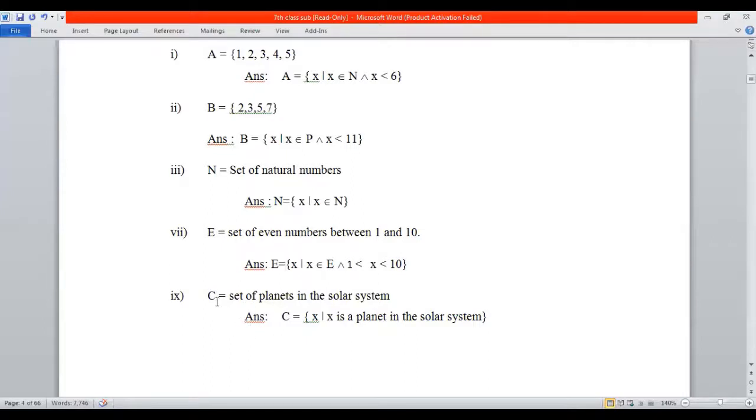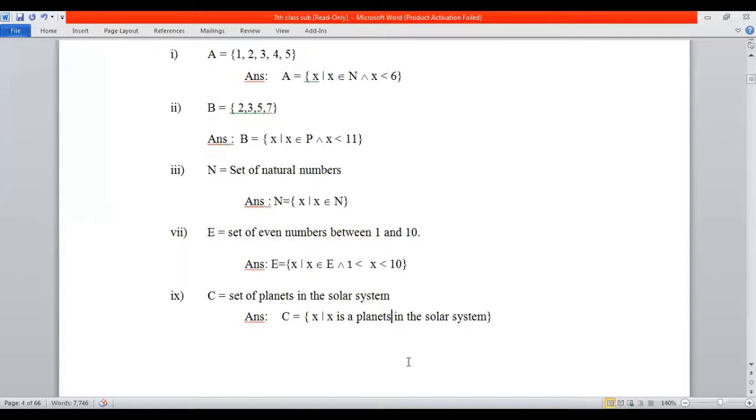That is the set of planets in the solar system. Again, the planets' names are not mentioned, you have just been given a statement of this type, or you can say a universal truth. So how can you represent it in the set builder notation? Just the same name which is given in the question, x such that x is a planet in the solar system.